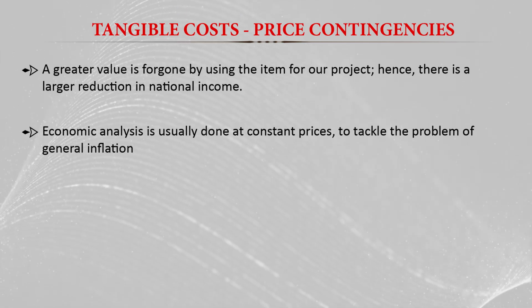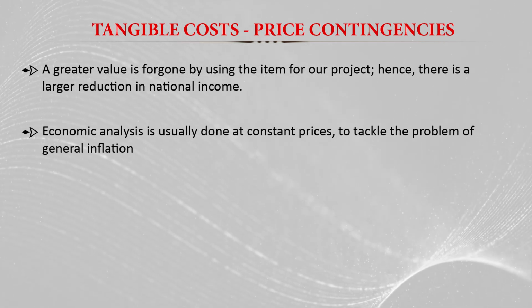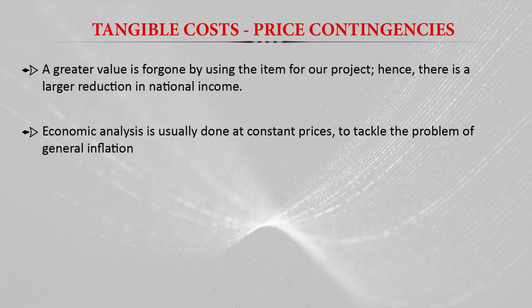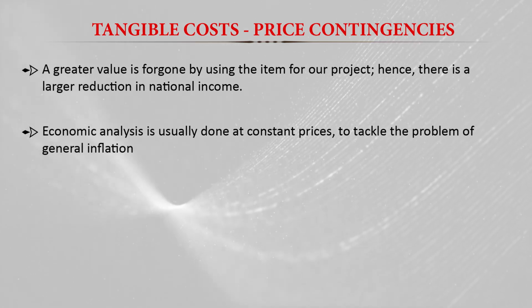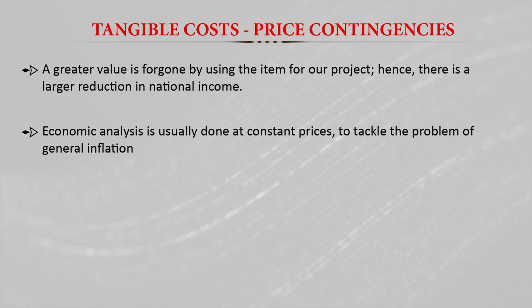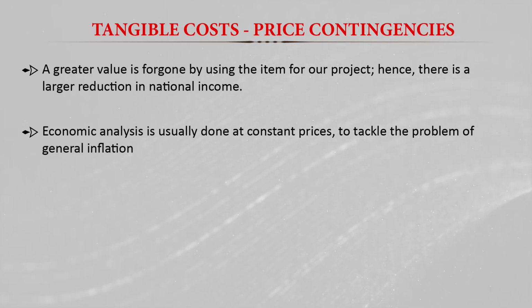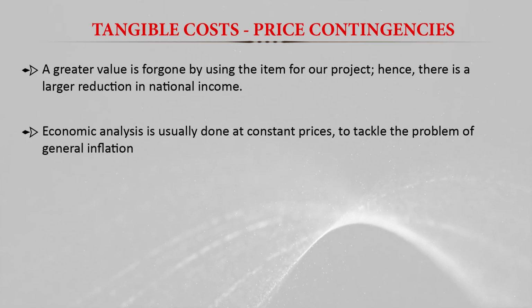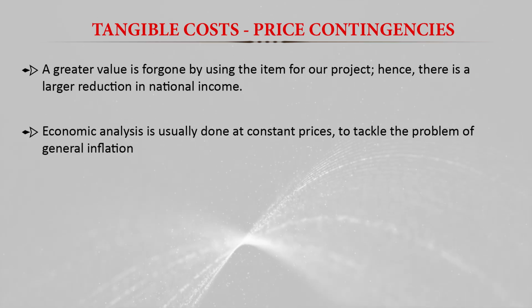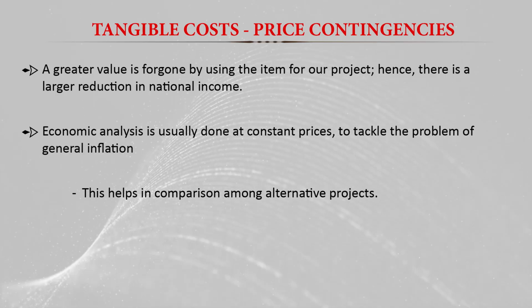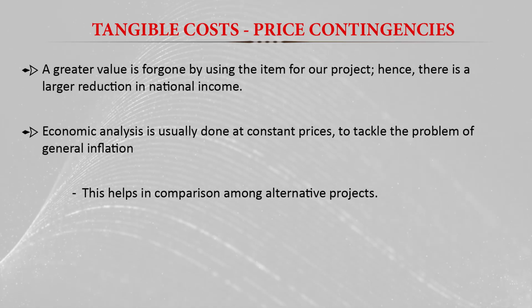In economic analysis, generally we do the analysis using constant costs and prices. We fix some base year, say 2010-11, or some normal year, and basically the purpose is to tackle the issue of general inflation, and this helps in the comparison among the alternative projects.